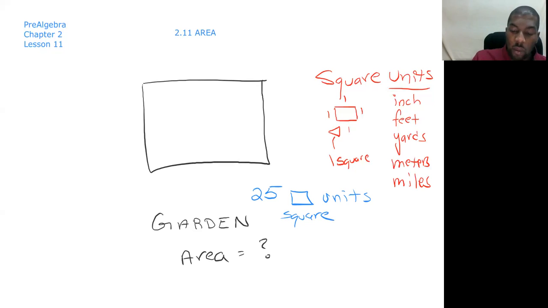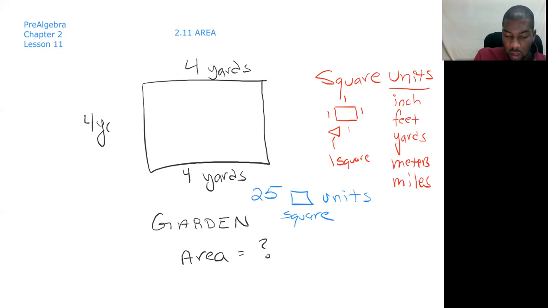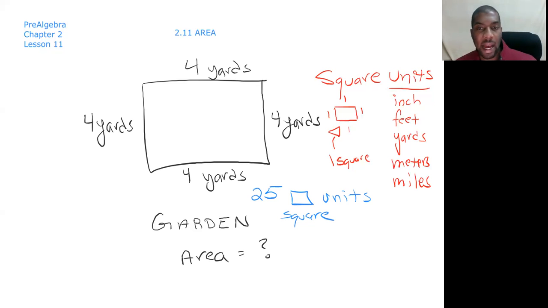Let's say we were given rather that this was, I don't know, 4 yards long. Which means each side length had to also be 4 yards long. 4 yards there, 4 yards there, 4 yards there. And the question is, how many 1 yard squares would it take to fill in this garden completely?